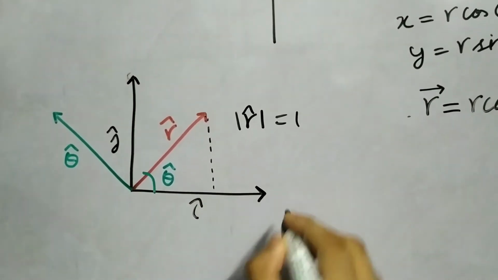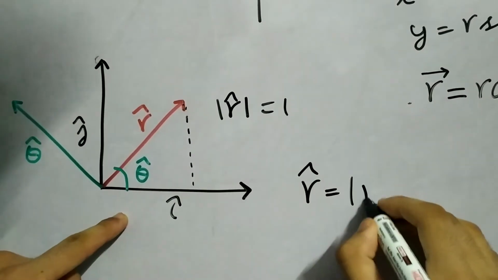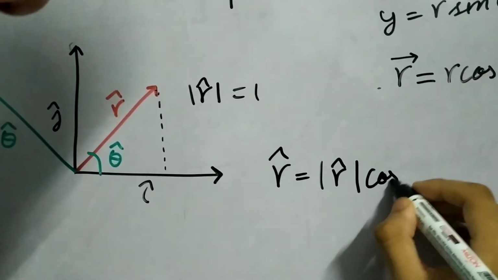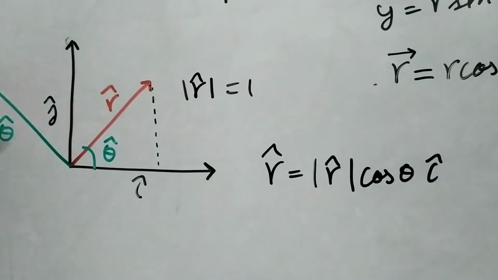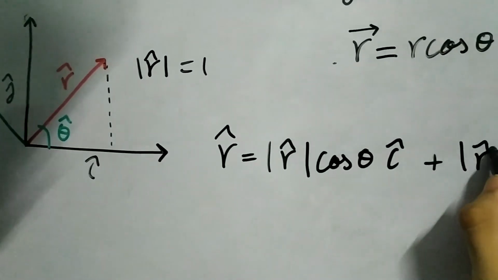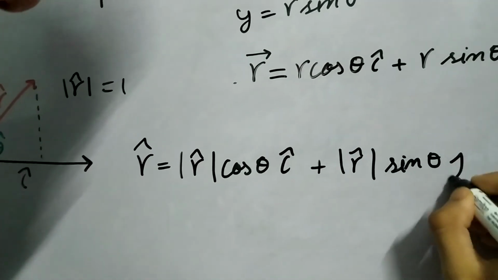So let's write it in vector format. It is the length of this arrow times cos theta i cap, plus the length of this arrow times sin theta j cap.